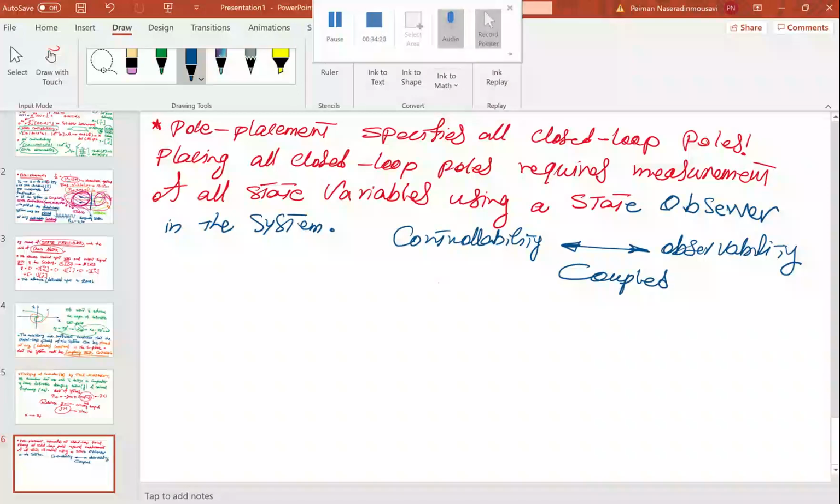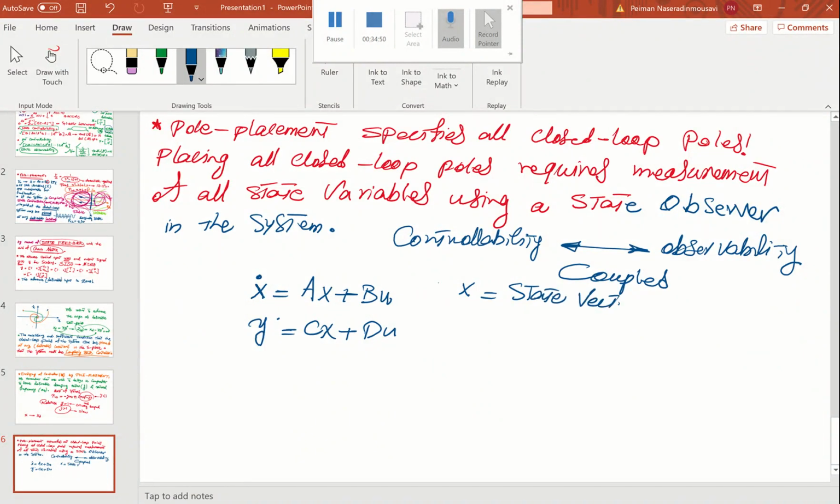Okay, so now let's go to mathematics. We have this LTI system. X dot is equal to AX plus BU, and Y is equal to CX. Now I'm teaching you pole placement, the control part of that, not the observer part, plus DU, where X is the state vector, an n vector.